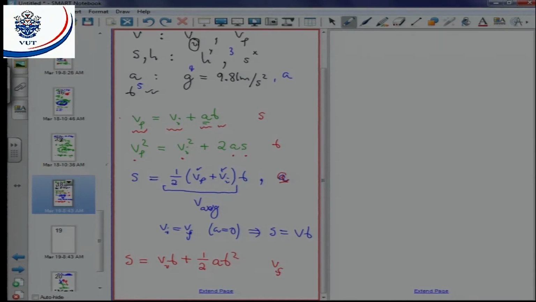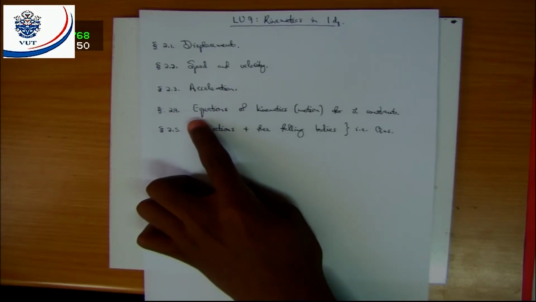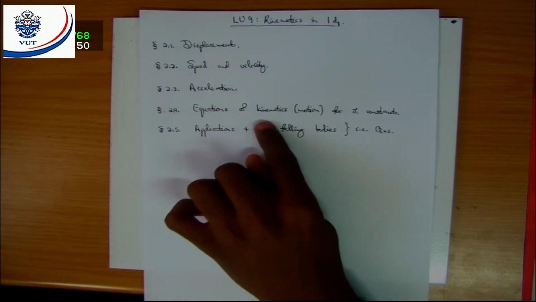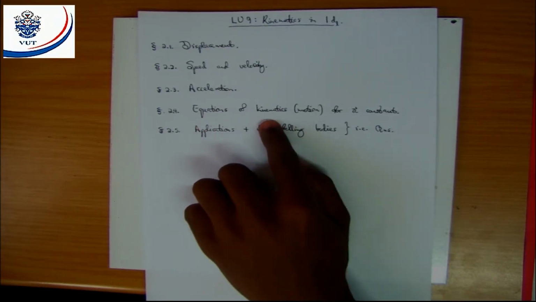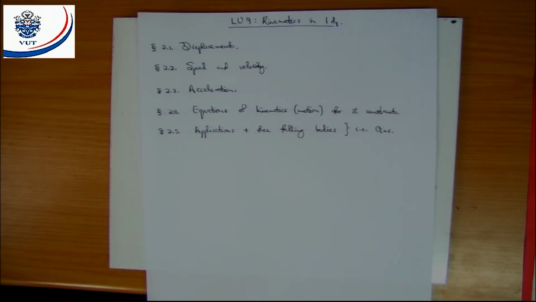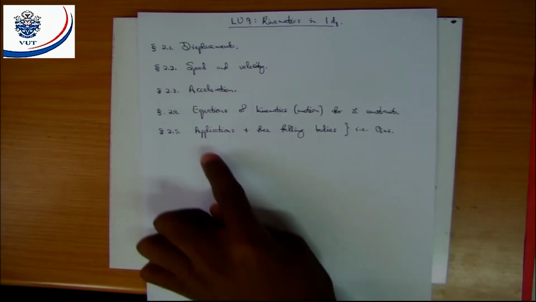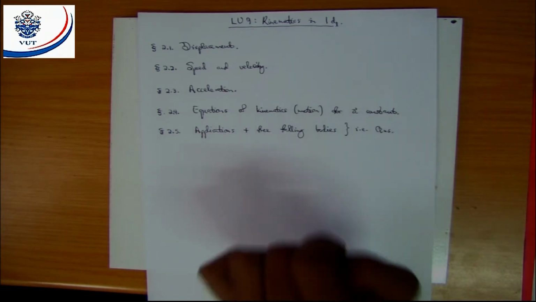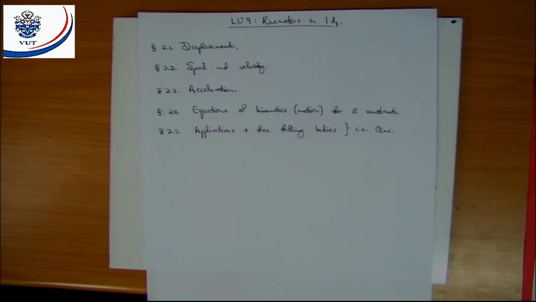Okay, so now we have also covered section 2.4 of the study guide, which is equations of kinematics or motion for constant acceleration. All that is left now is to cover some applications and to do some questions.